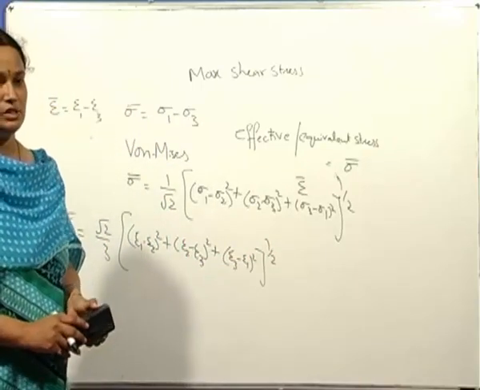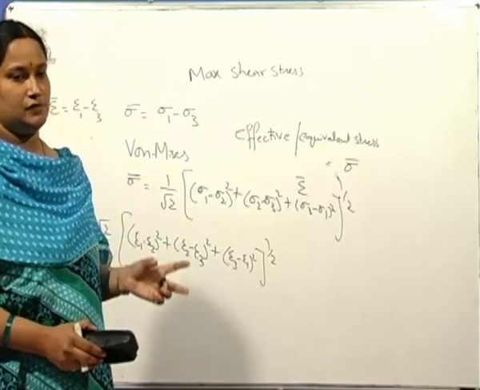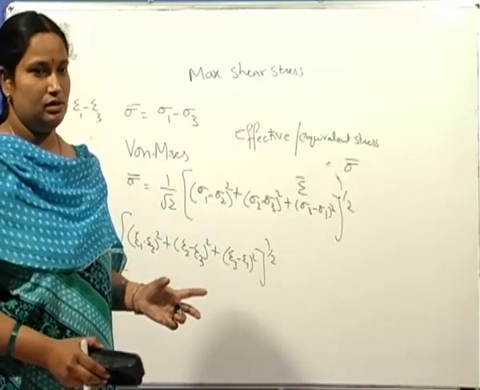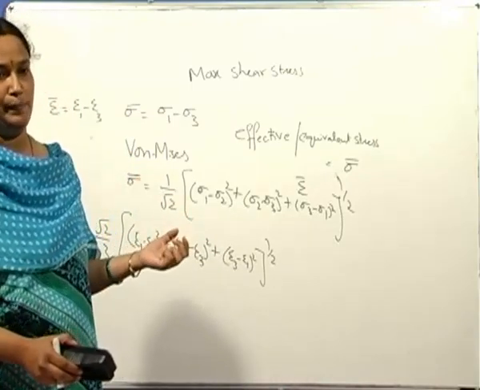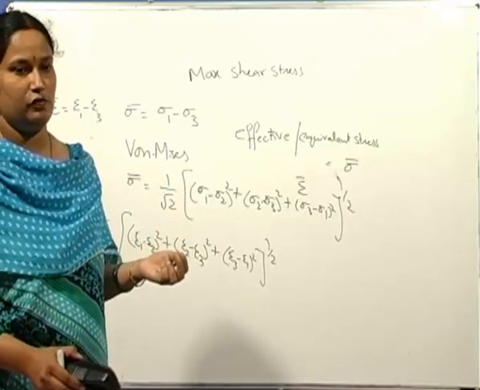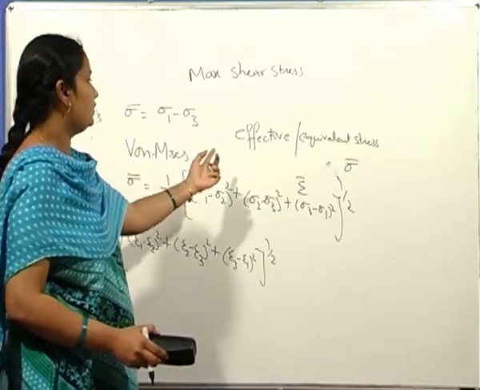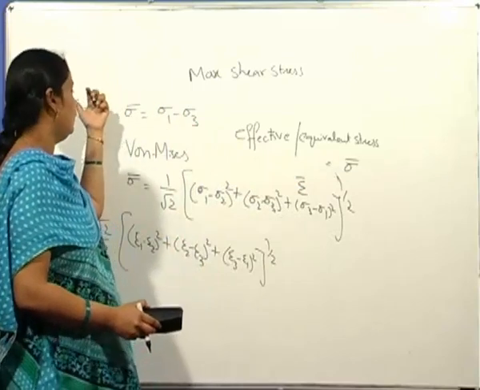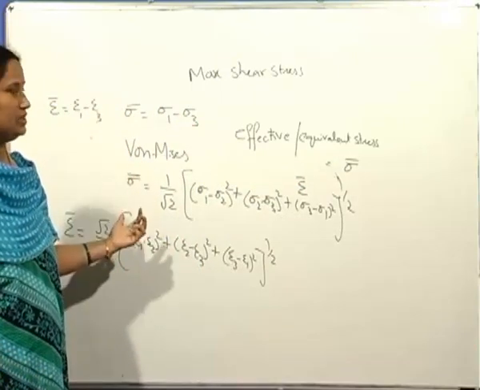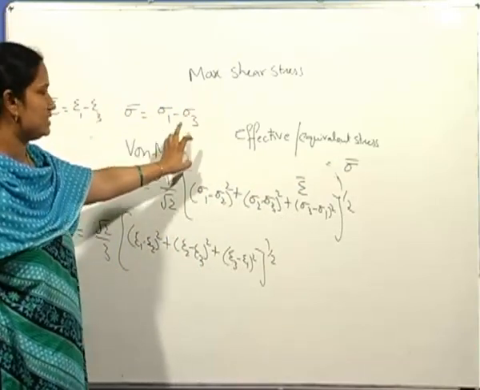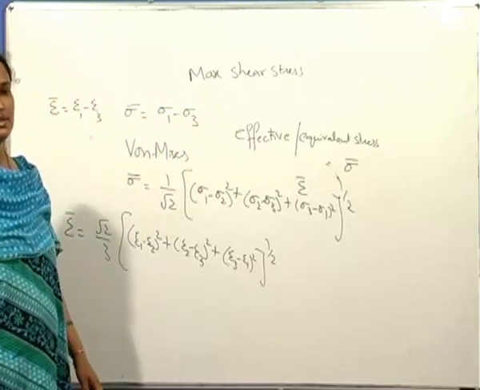So this is a convenient method to represent the state of stress or strain of an element by means of effective or equivalent stress or strain, by means of the maximum shear stress criteria and the von Mises criteria.